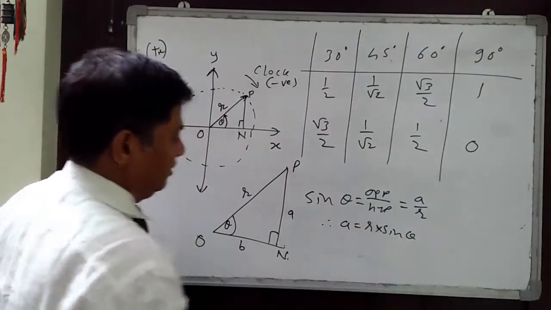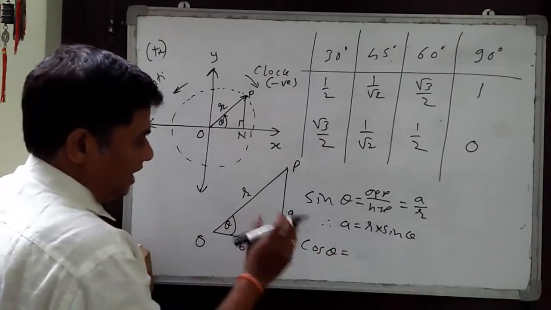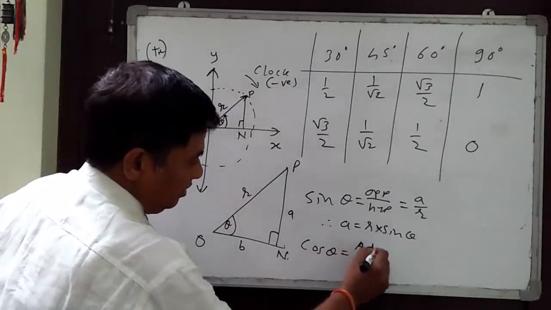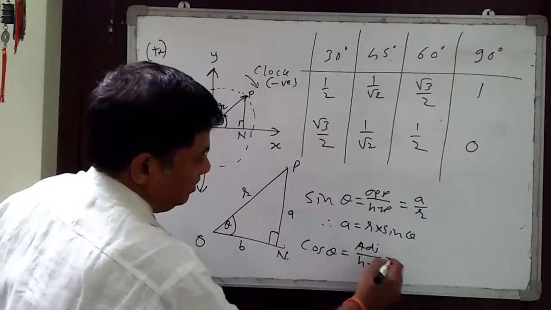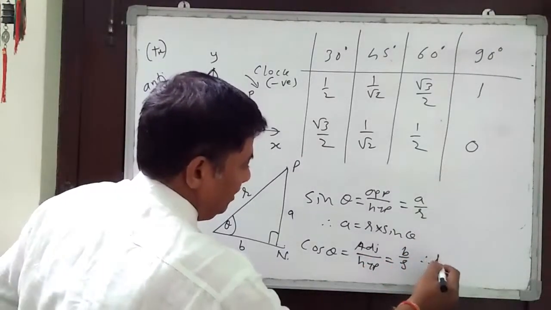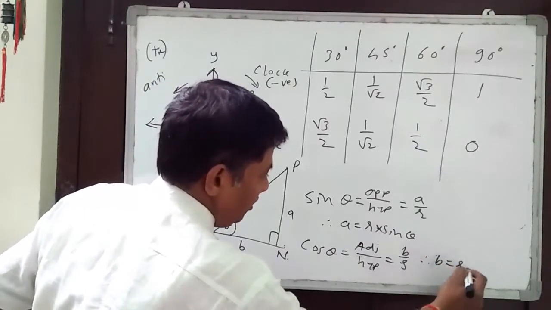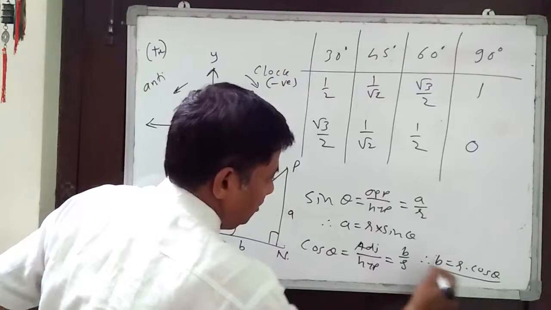Similarly, cos theta can be written as adjacent upon hypotenuse, that is B by R. Therefore, we can write B is equal to R cos theta.